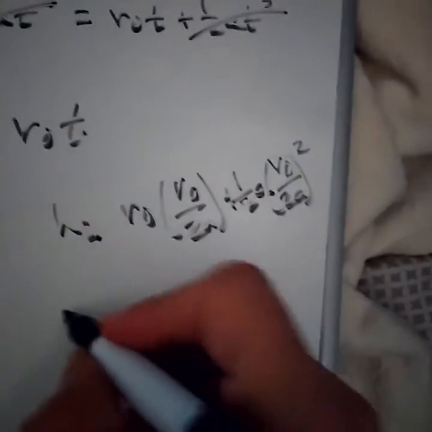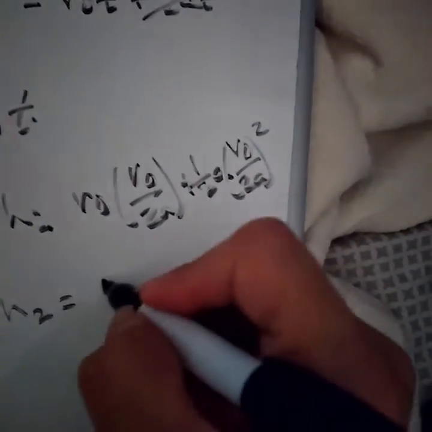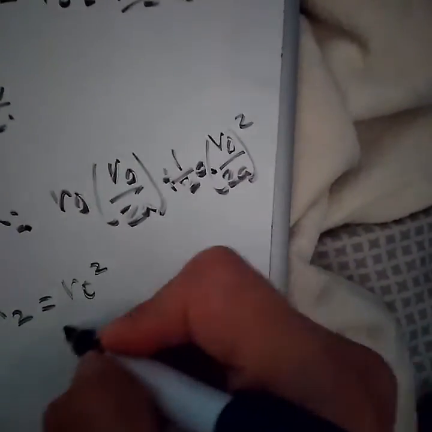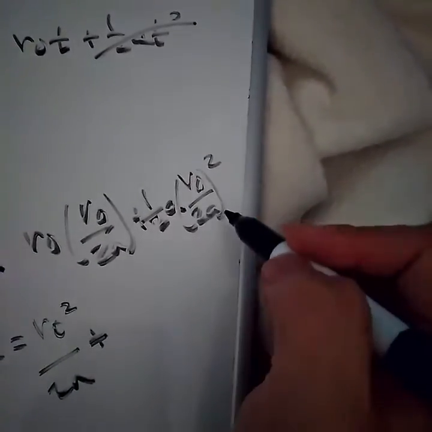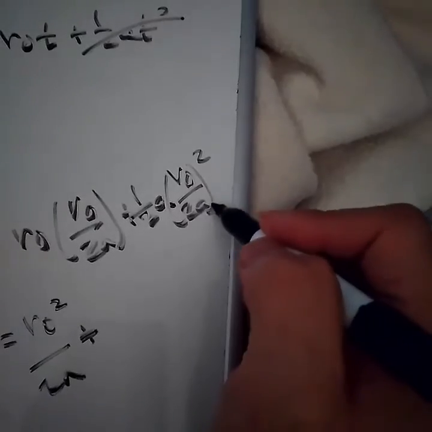Solving, we have H2 equals VO squared over 2A plus VO squared over 4A squared.